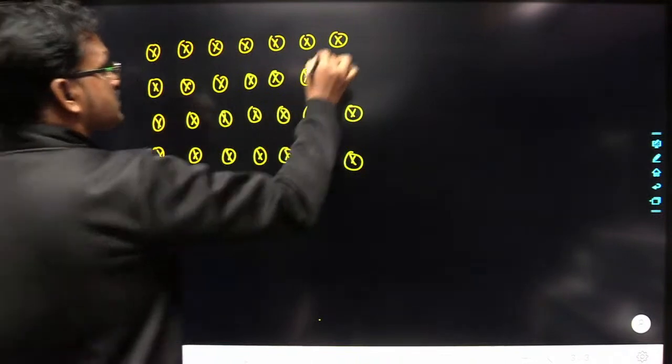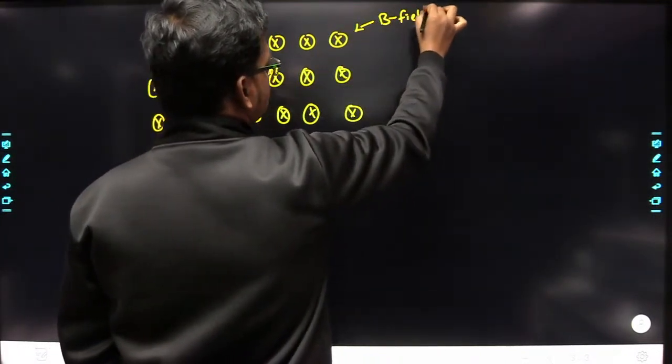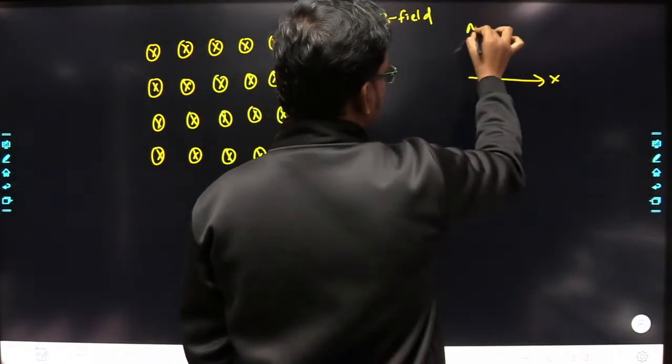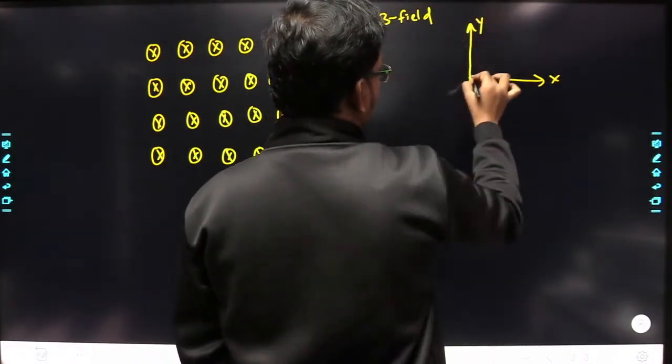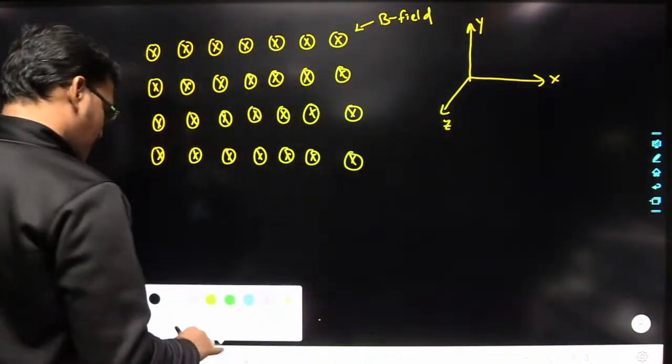Let us consider the coordinate axes in the same manner: x, y and z.